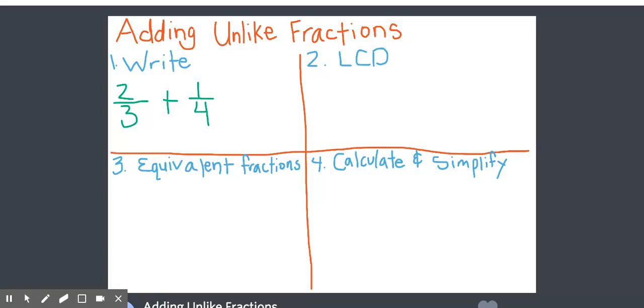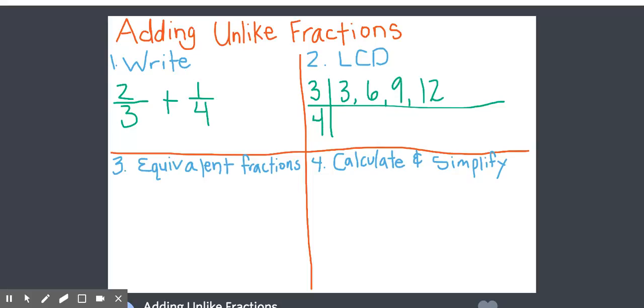In step 2, I have to find the least common denominator because I have denominators that are not the same. So to find the LCD, I'm going to take both denominators, the 3 and the 4. So 3 times 1 is 3, 3 times 2 is 6, 3 times 3 is 9, 3 times 4 is 12.